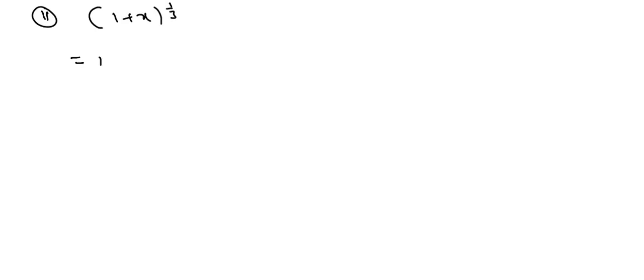So we're going to have 1 over 3 times x, then plus 1 over 3 minus 1 over 2 factorial.